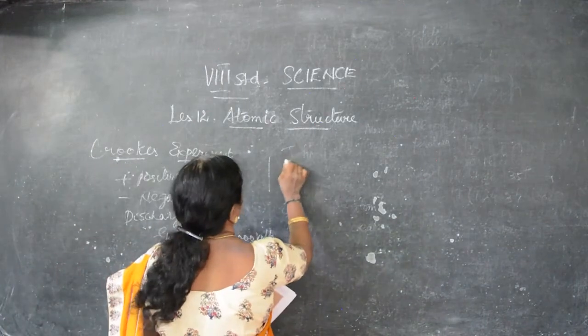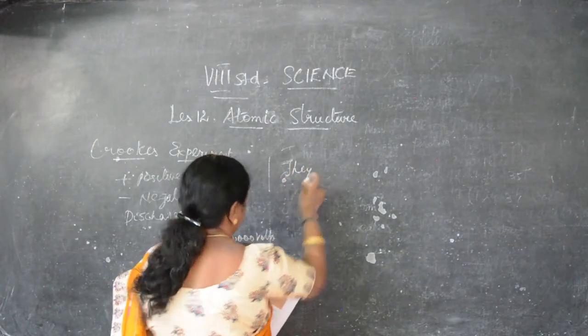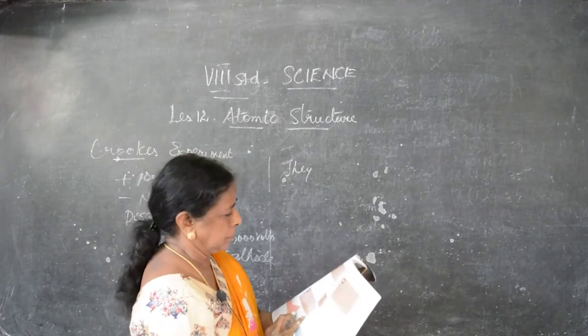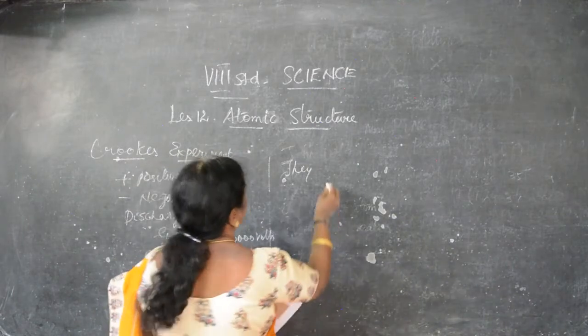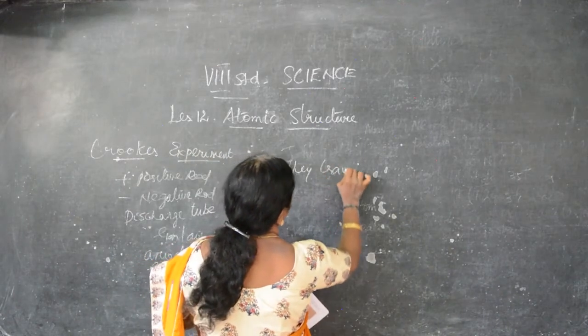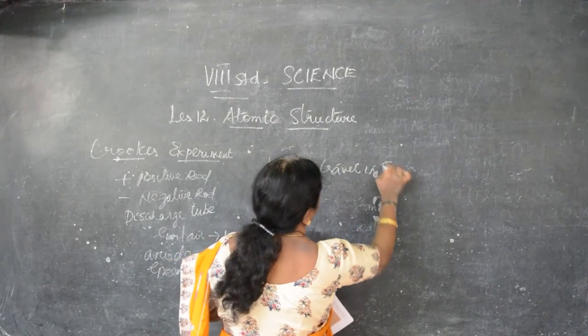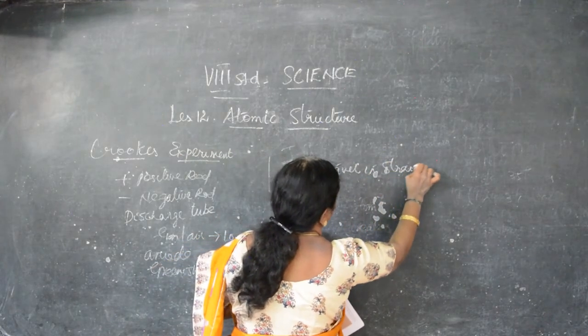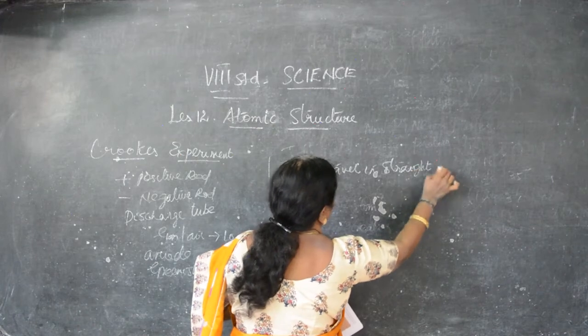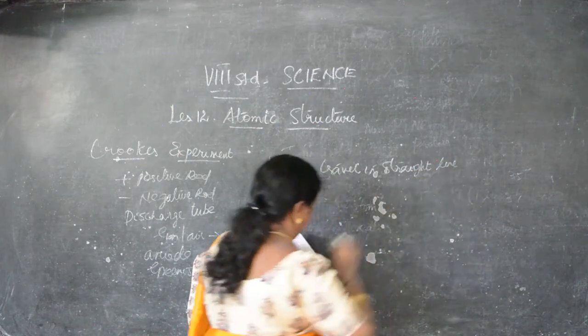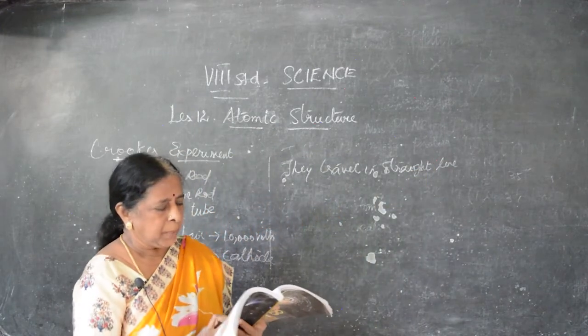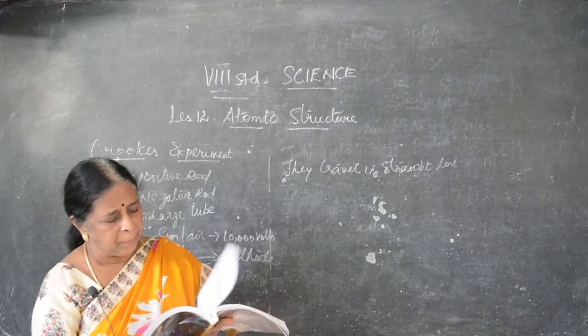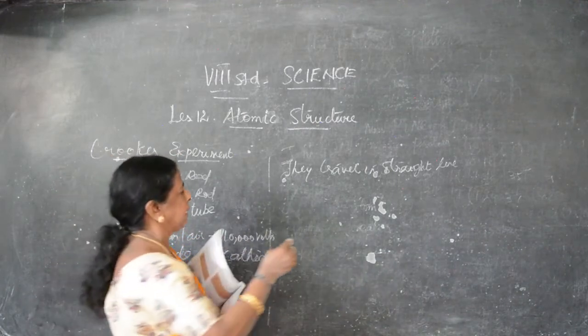First, they travel in a straight line. They are made up of material particles which have mass and kinetic energy.